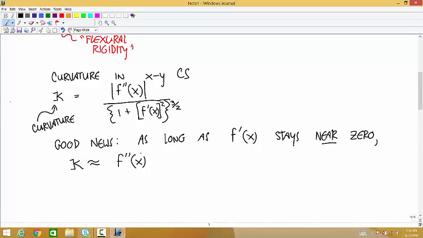Okay, so that's as long as you don't have big changes in slope. In our case, f is going to be that v, the deflection, and as long as you don't get big slopes that deviate a lot from the original straight beam, we can approximate the curvature as the deflection double prime.